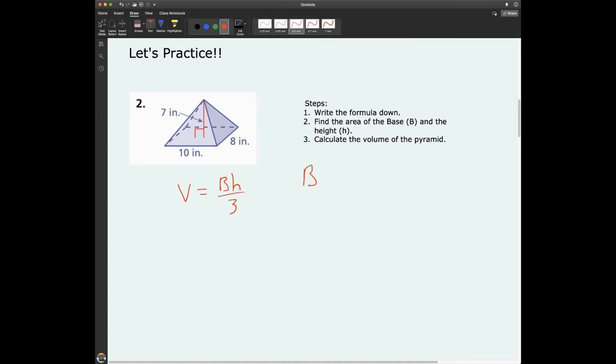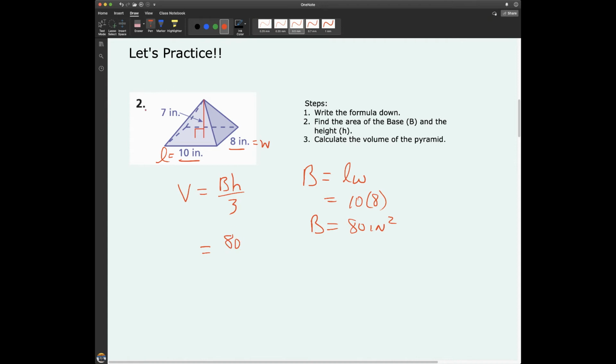Since this is a rectangular pyramid with the base having those dimensions, there's a length and a width. That's the formula I'm going to use to find the area of the base. Let me multiply 10 times 8 and I get 80 inches squared. That's capital B.